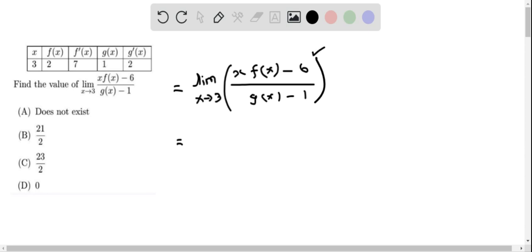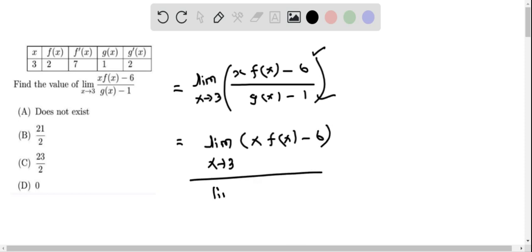So considering the numerator expression and the denominator expression, this limit can be rewritten as the limit as x approaches 3 of the numerator expression, divided by the denominator expression, that is the limit as x approaches 3 of g(x) minus 1.